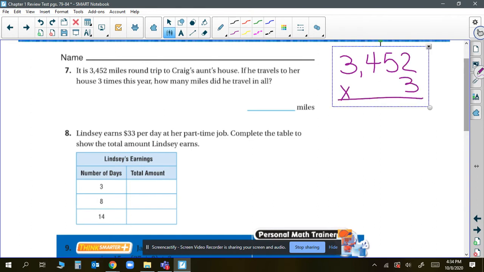You know that 3 times 2 is 6. 3 times 5 is 15. We need to regroup our 1. 3 times 4 is 12, plus 1 is 13. Carry our 1. 3 times 3 is 9, plus 1 is 10. And we go 1, 2, 3, comma. So our answer is 10,356 miles.